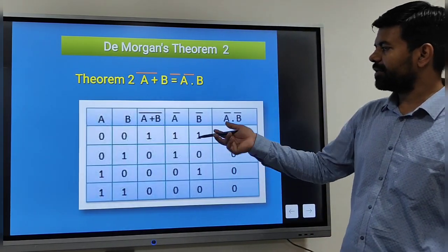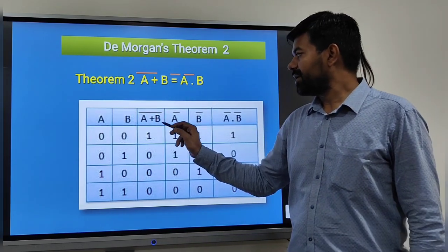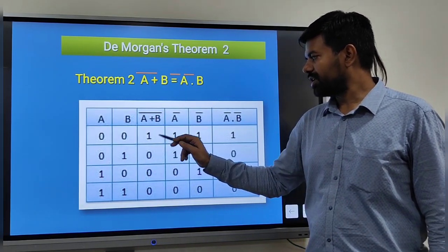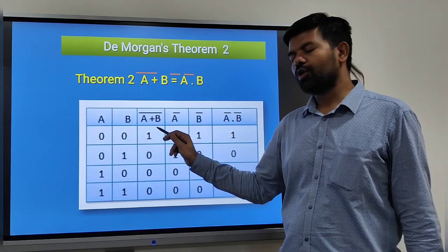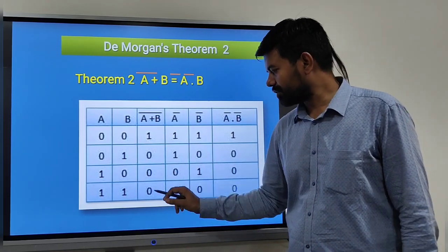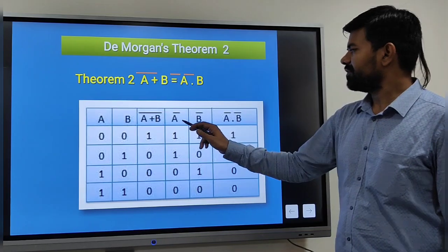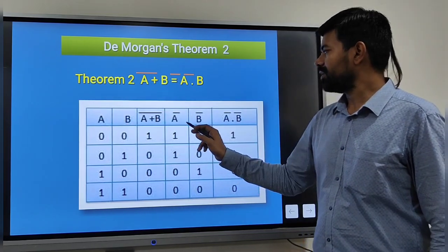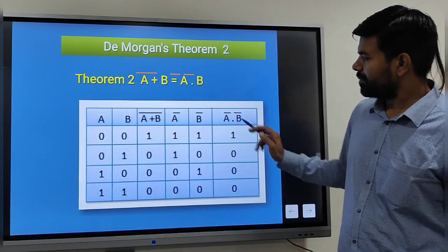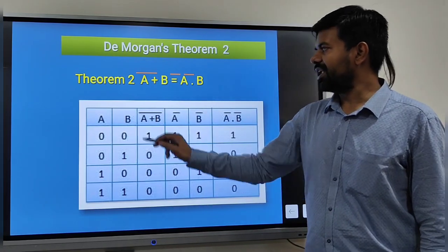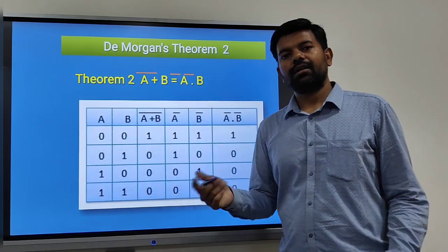Through the truth table, we get (A plus B) whole bar: for 0 0 we get 0, but with the bar, the complement of the output, 1. So these are all the outputs, and when we complement the inputs, A bar, B bar, we get this, and we see this column and this column have the same values. So this theorem is hence proved.